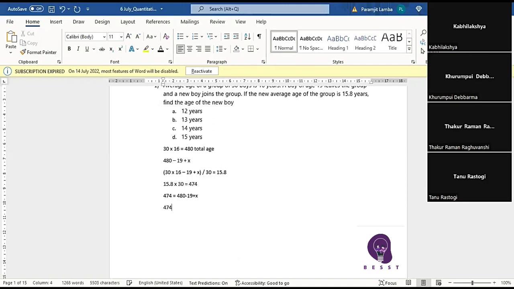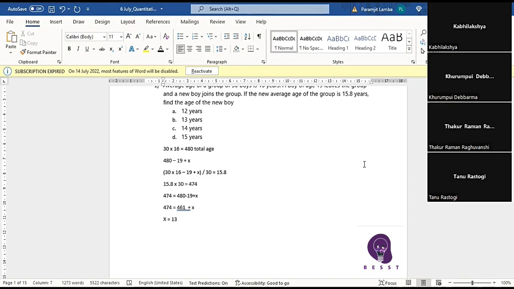So 474 is equal to 461 plus x. Then x is equal to 474 minus 461, that is 13. Fantastic. Lovely. So this is how you have to use a formula, apply logic, and arrive at the answer.